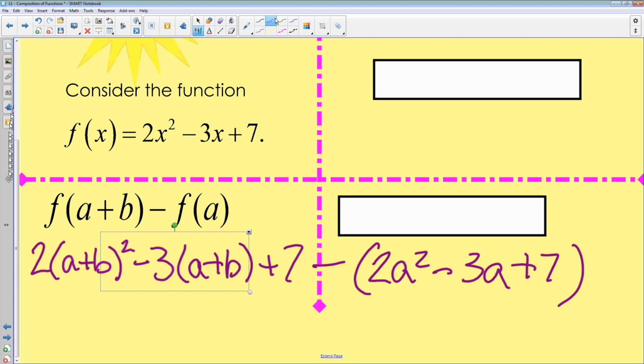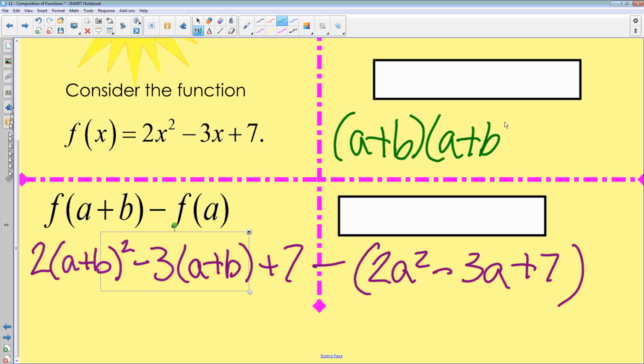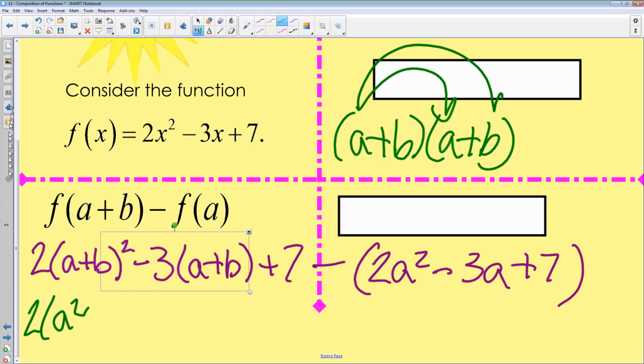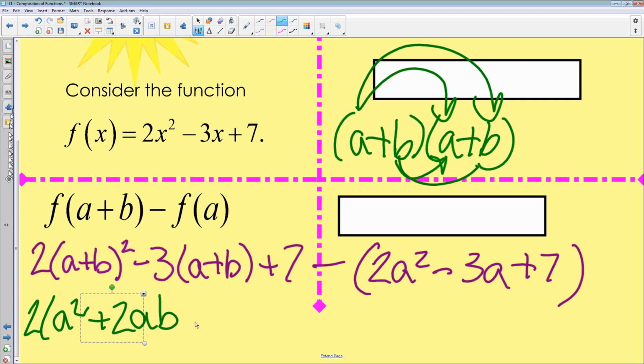I'm going to change colors here real quick. So a plus b squared, remember in class we talked about that. A plus b squared means a plus b times a plus b, so you have to multiply it all out. So that's going to be 2 times a squared, I'm getting that from up above. A times b is ab, b times a is also ab, so that's going to be plus 2ab, and then b times b is b squared.